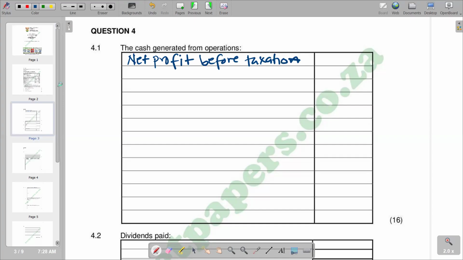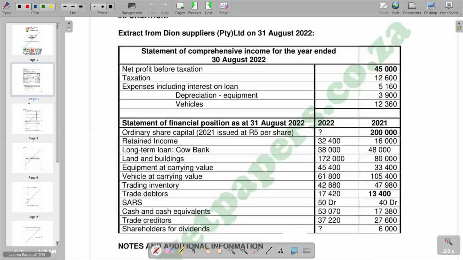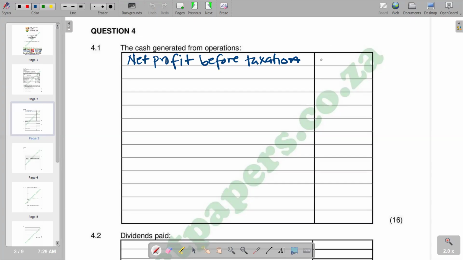On net profit before taxation, we try to refer to the question, try to find the figure for our net profit before taxation. So you'd see that 45,000 is our net profit before taxation. So basically, this is what we have in terms of net profit before taxation.